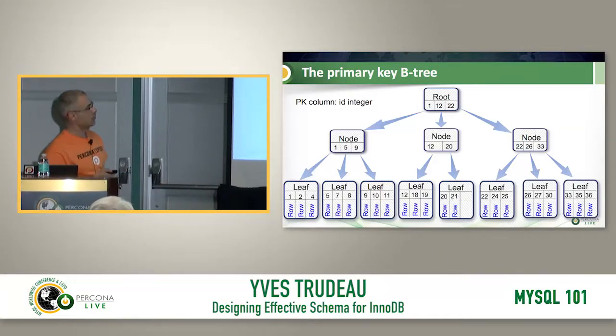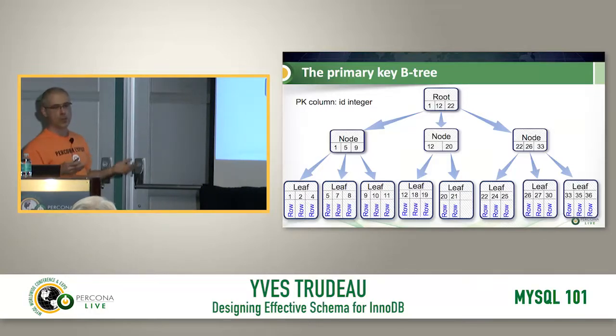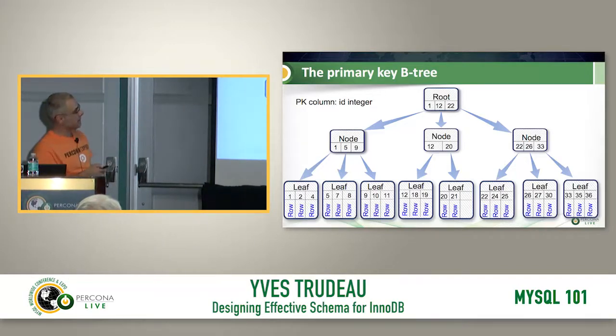Here, I just have 3, which is fine. But since InnoDB has 16K pages, it's very common to have many hundreds of leaves. So at each level, if it's bigger or equal to 1 and smaller than 12, it goes to the first node. Between 12 and 22 here, and over 22 will go here. That's the way it's navigated.